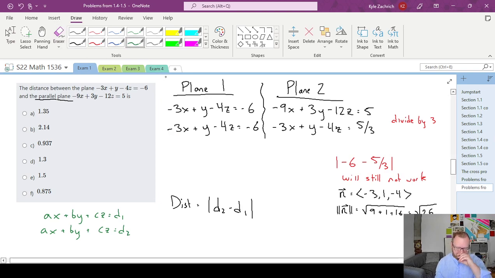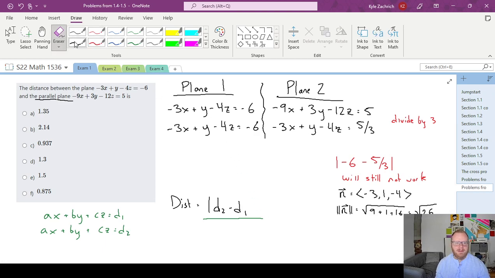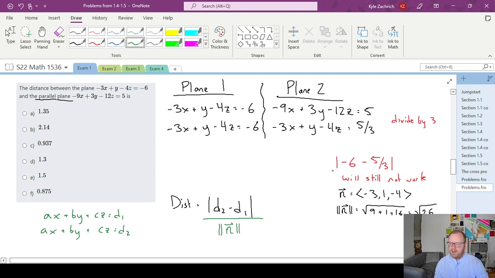But I think a better way to do this is to modify this formula slightly. So rather than divide everything at this point by the square root of 26, you can simply divide by that magnitude at this point in the formula, right? So this value is fine, right?